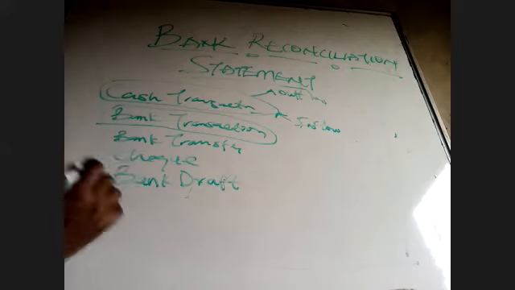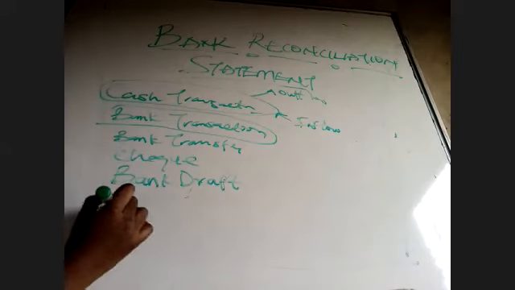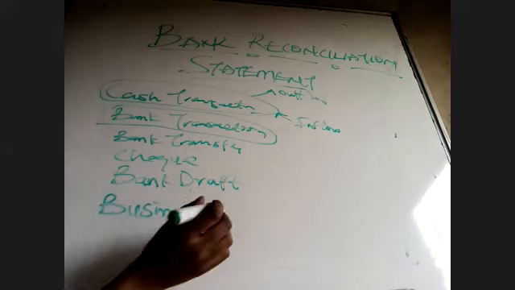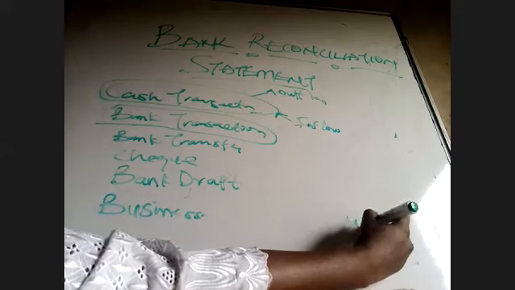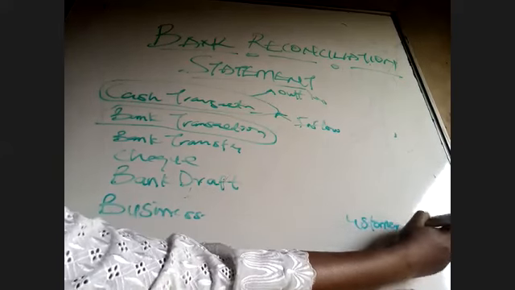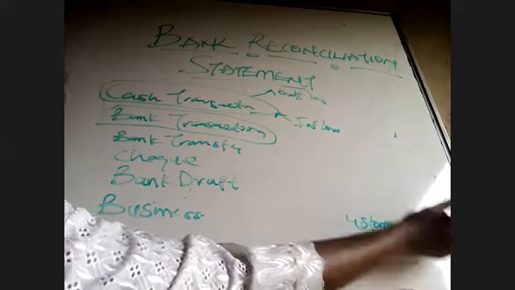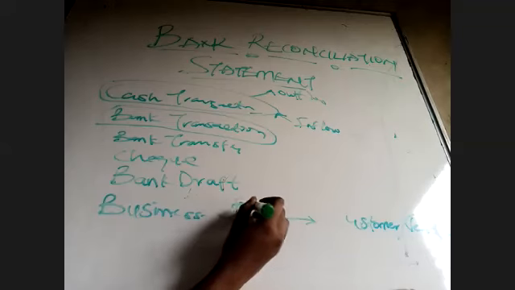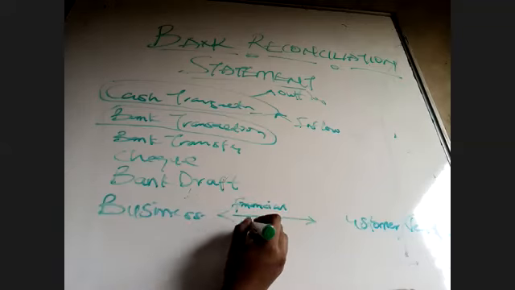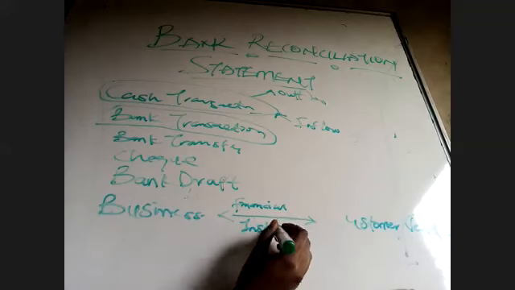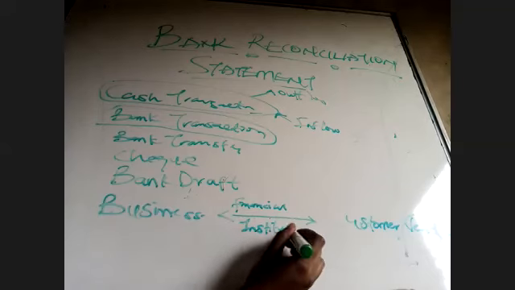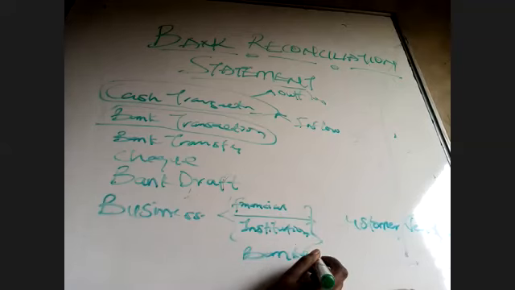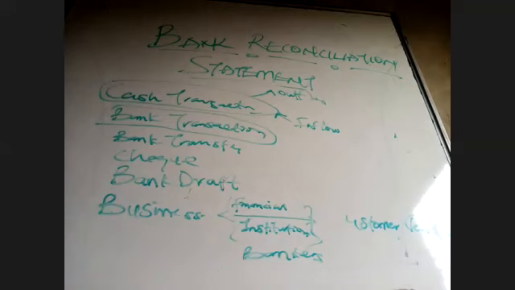There will always be the business on one side, and the customer or vendor on the other side. Then there's always an intermediary called the financial institution. If you remember when we were dealing with the users of accounts, the financial institution is usually the bankers. So in such a scenario, a whole lot can happen.